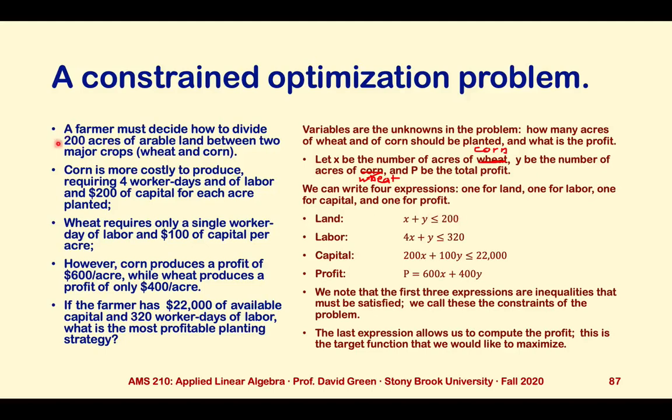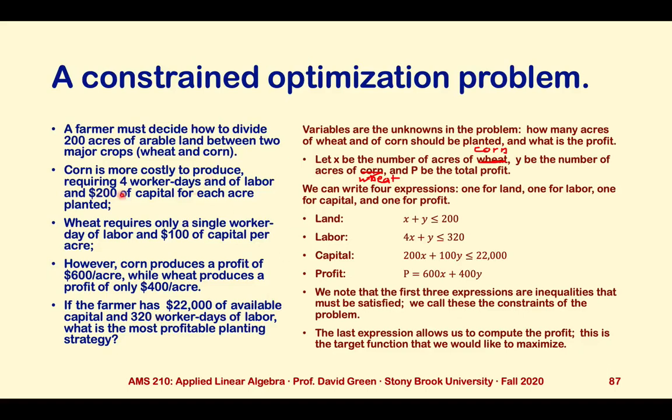That's how many acres of land is available. We can't plant more than 200 acres total. Each acre of corn requires 4 worker days of labor. Each acre of wheat requires 1 worker day of labor. So 4x plus y is the total amount of labor needed. This has to be less than 320, the total amount of labor available.